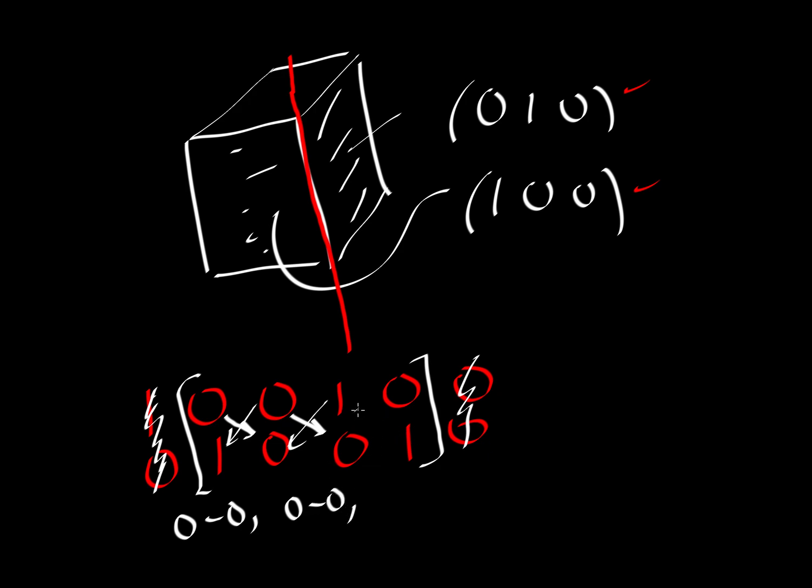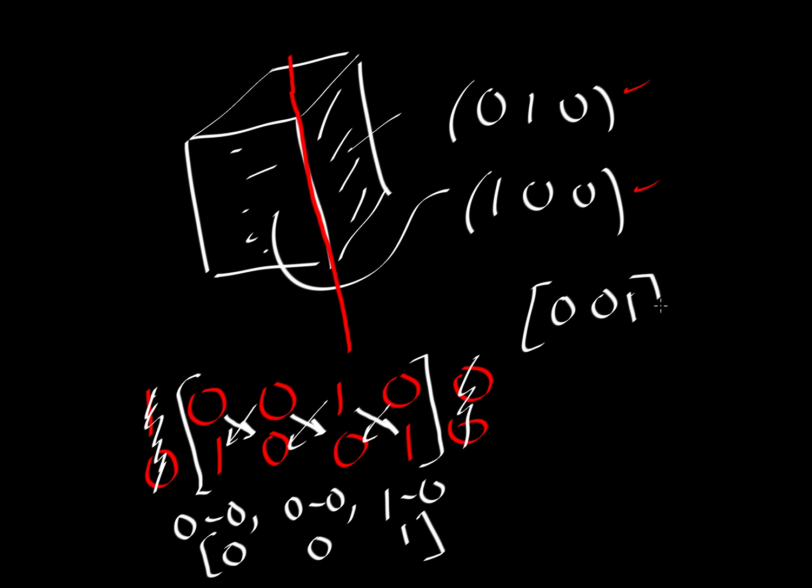But then take a look at this last one, it gets a little more interesting. 1 times 1 is 1, and then 0 times 0 is 0, so we get 1 minus 0. So we're left with the numbers 0, 0, and 1 when we take those differences, and we can put them into square brackets. So we get the zone indices [001].